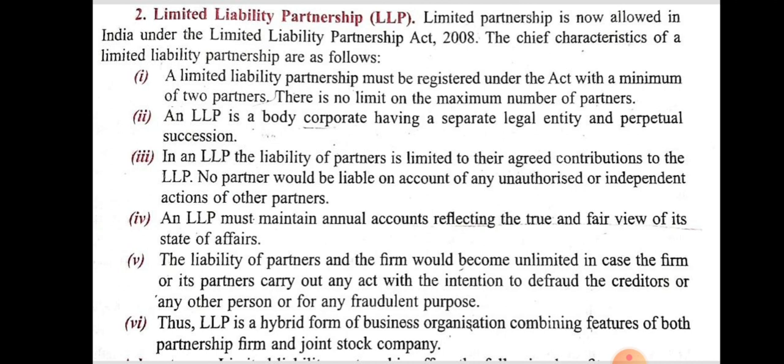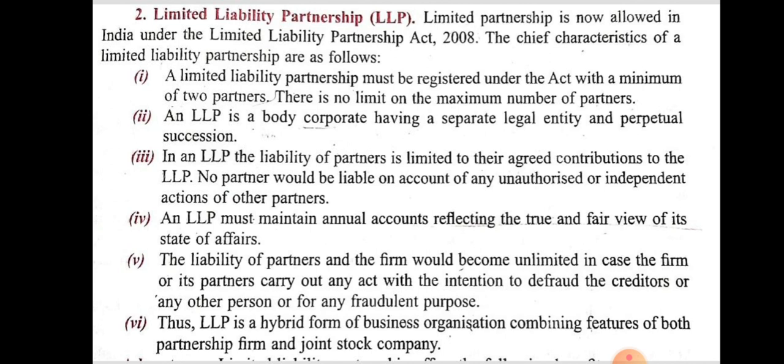So here the liability is limited to whatever they have agreed in the contract. If there are 3 partners and all 3 have agreed equal contribution, everybody's liability will be equal, 1/3, 1/3, 1/3.